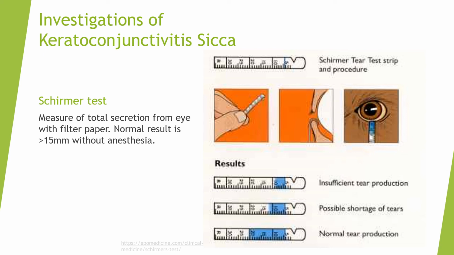As you can see in the picture here, more than 15 millimeters without anesthesia is normal. Around 10 is slightly abnormal, possible shortage of tears, and less than 10 would be a conclusion for insufficient tear production.